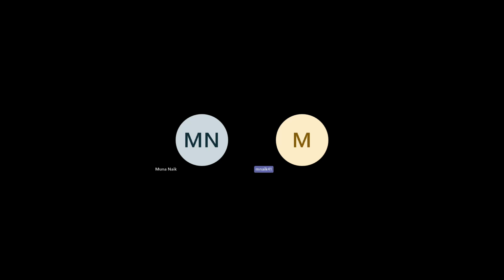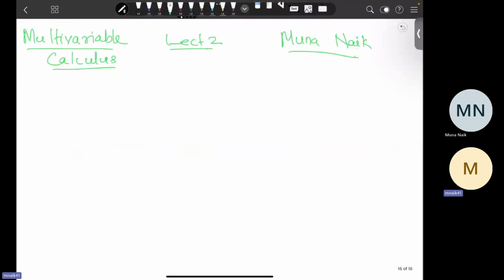So welcome back to the second lecture on multivariable calculus. In the previous lecture, we defined norm and we defined equivalence of norms, and we showed that on Rn, two norms are equivalent.